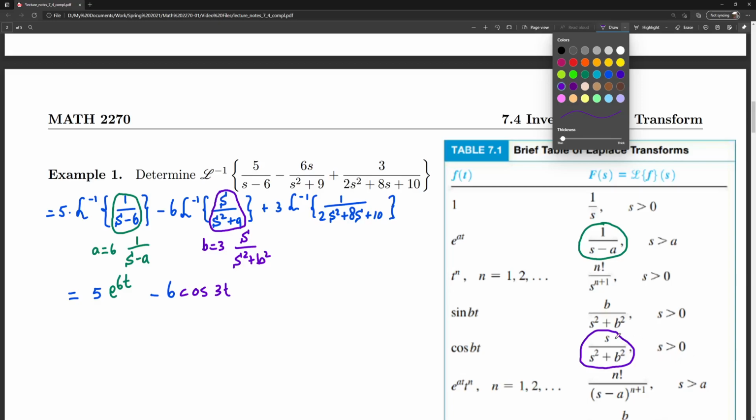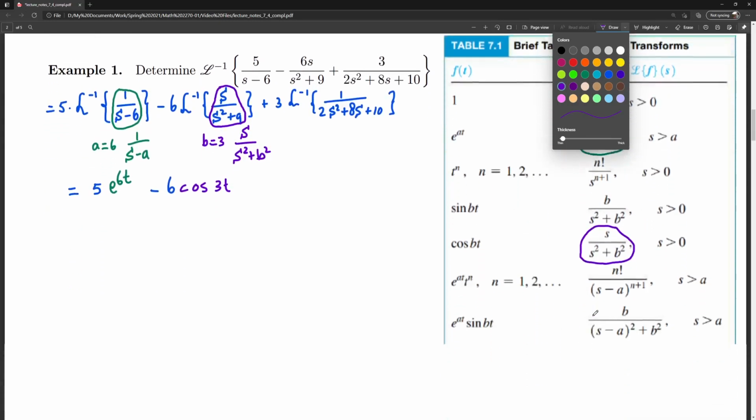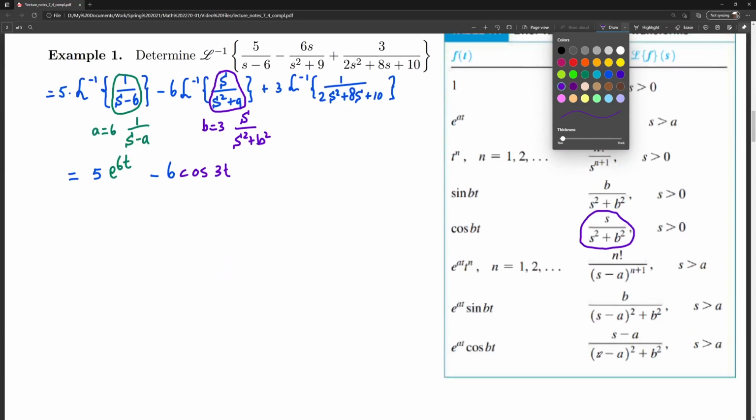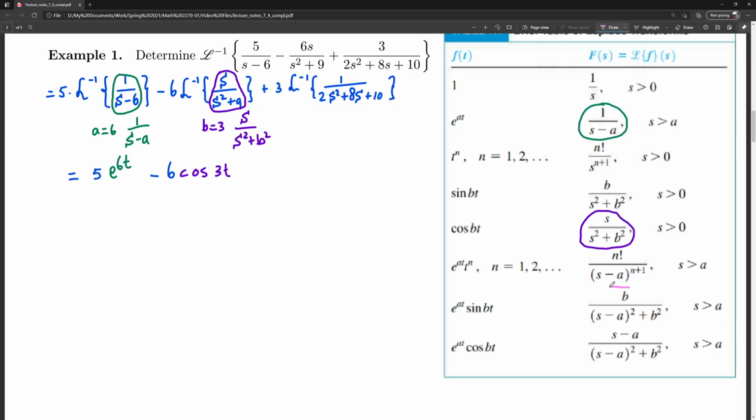Well, we have to compare this with maybe one of these right here, because we have a quadratic expression in the denominator, and in our case here, we have a constant in the numerator. So we're going to compare this with this right here.